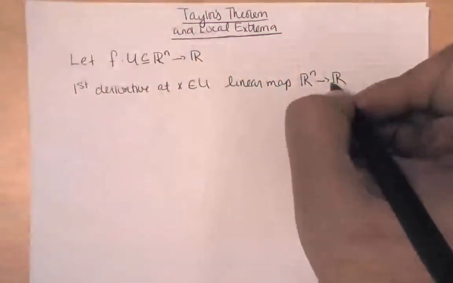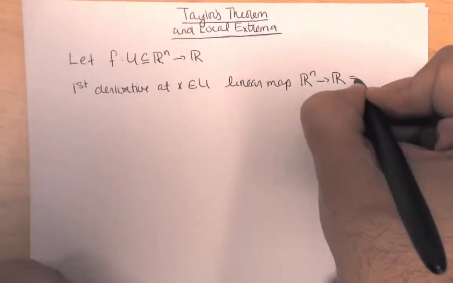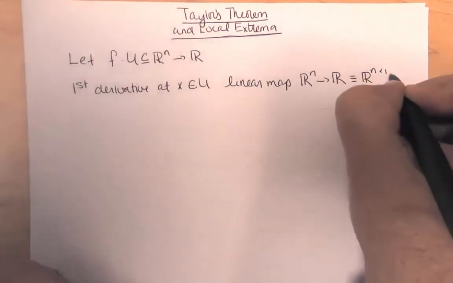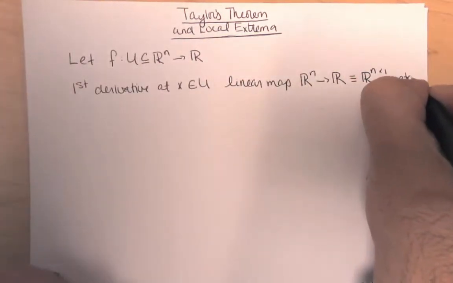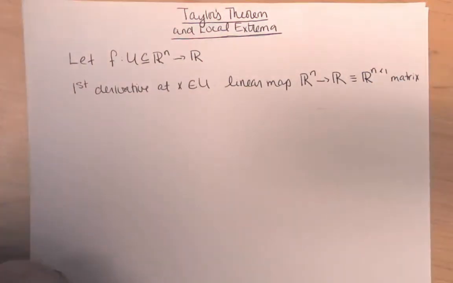to R. Now, a linear map from Rn to R, that's equivalent to an Rn by 1 matrix, or a matrix in Rn by 1.